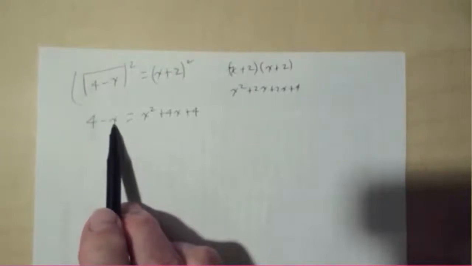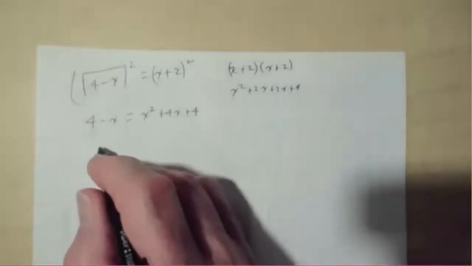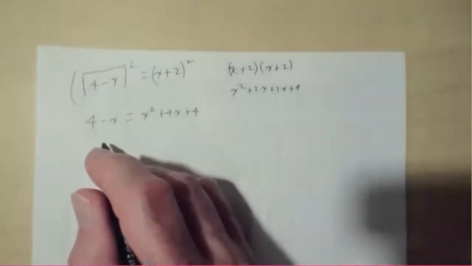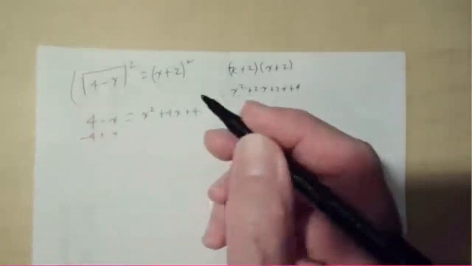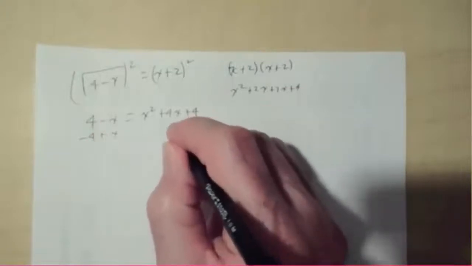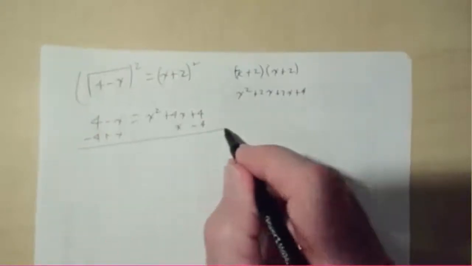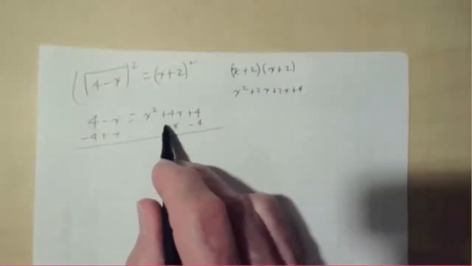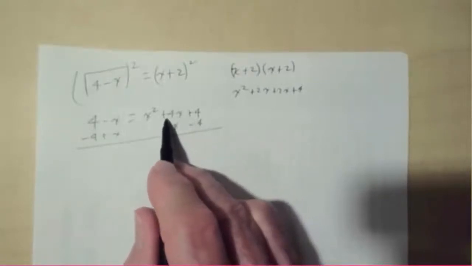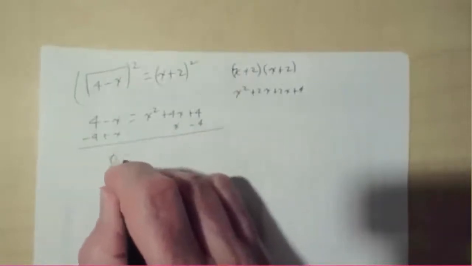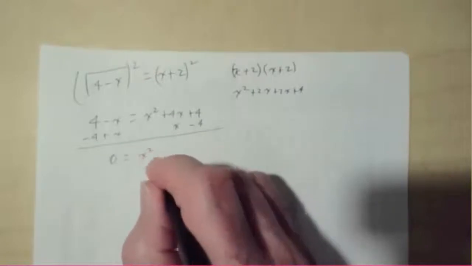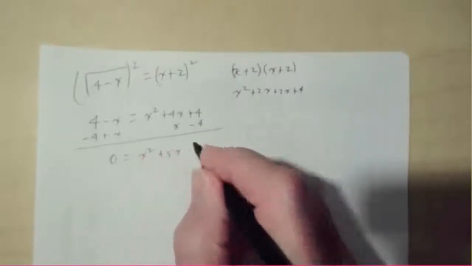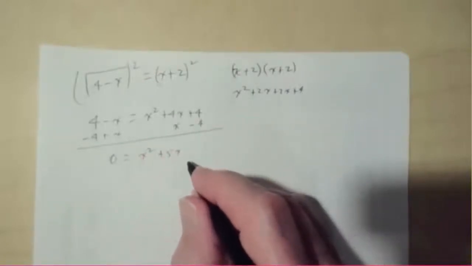Okay? Now we're going to subtract 4 and add x to each side. Now what we're trying to do here is set this equal to 0. X squared plus 5x. 4 minus 4 is 0.